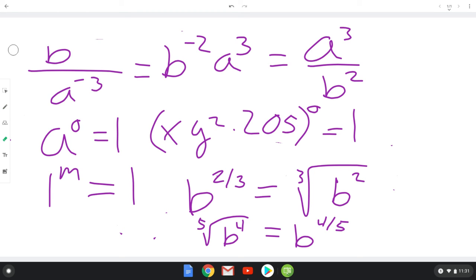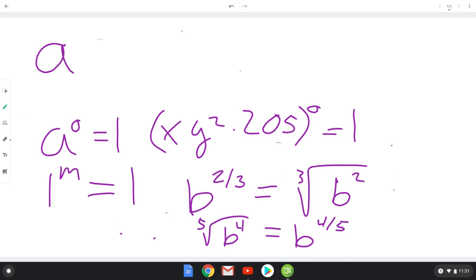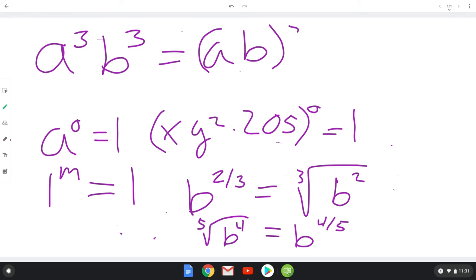One more thing that I want to talk about. I mentioned distributing, but I also want to talk about the fact that it can go the other way. If I have a to the 3rd and b to the 3rd, I can rewrite that as a times b, to the 3rd.